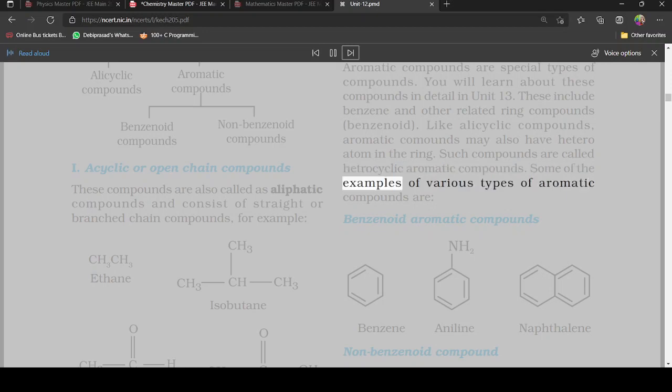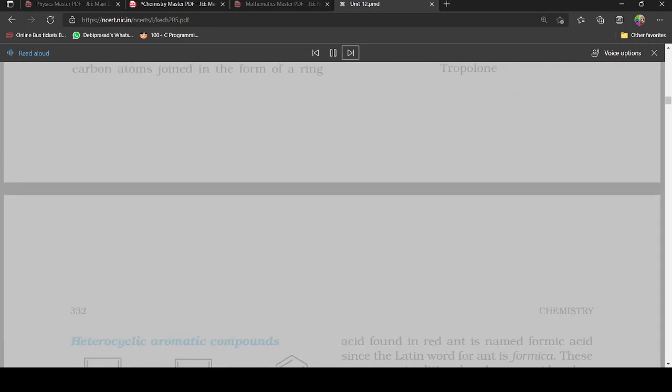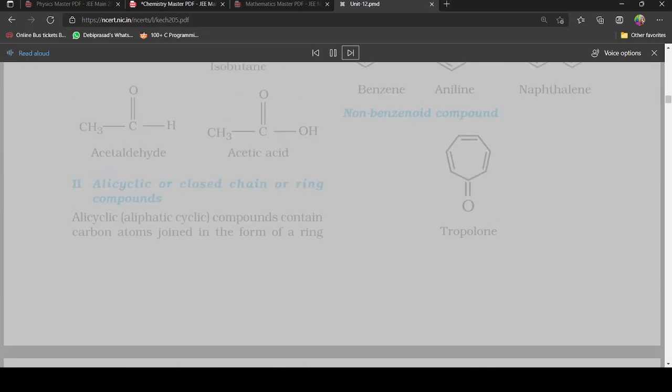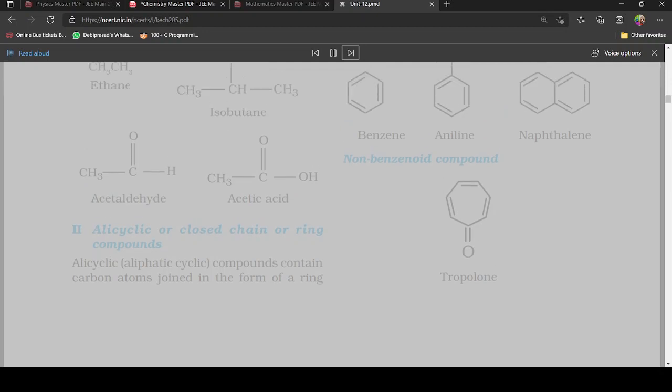Some of the examples of various types of aromatic compounds are benzenoid aromatic compounds: benzene, aniline, naphthalene; non-benzenoid compound: tropolone; isobutane, acetaldehyde, acetic acid, CH3CH3, ethane. 2.